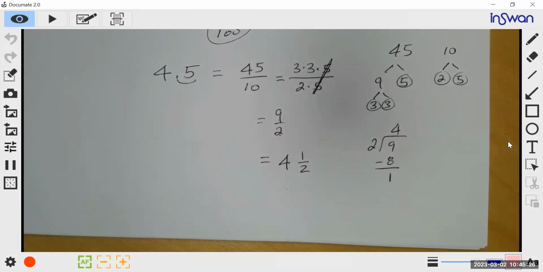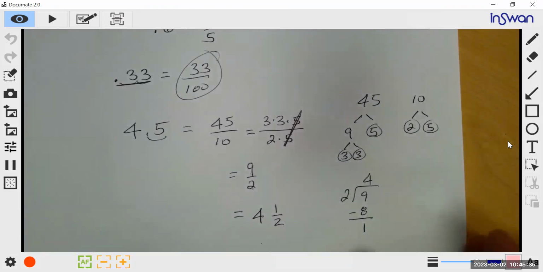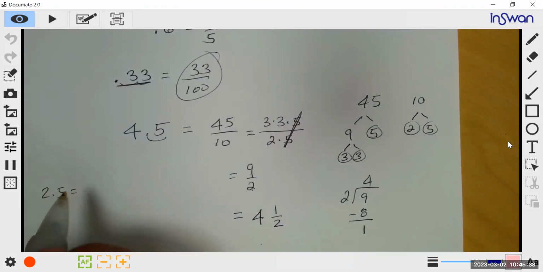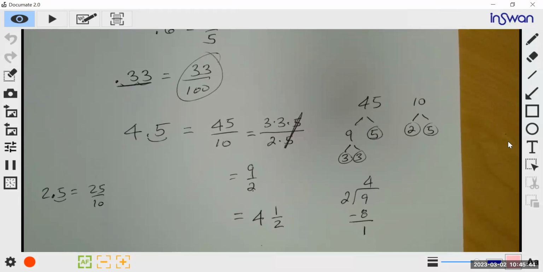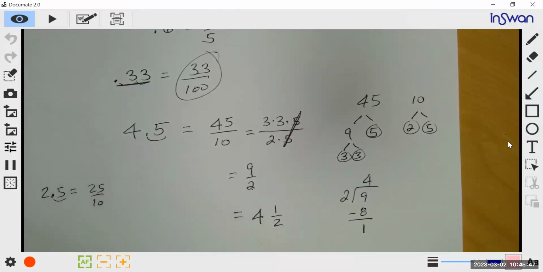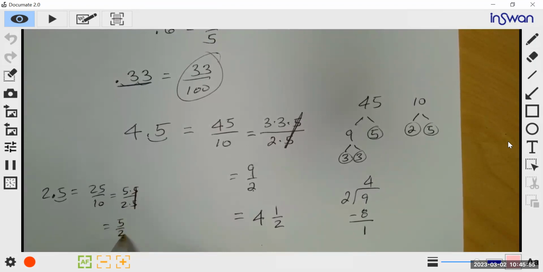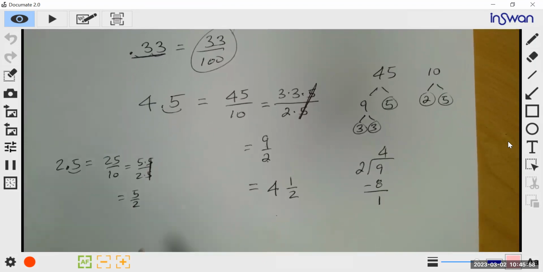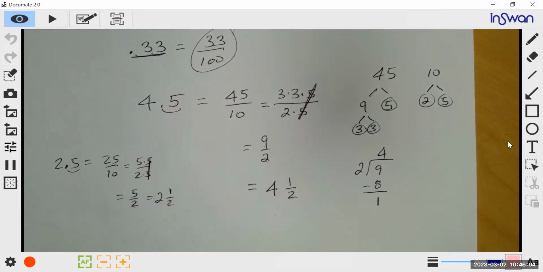Yes, go ahead. I'll just look at it. Okay, so basically if there was 2.5, there would be 25 over 100. Let's do that one. If it was 2.5, since it's only one decimal place, it would be 25 over 10. Okay, then from there we can simplify. 25 is made up of 5 times 5 over 2 times 5. 2 goes into 5 twice with 1 left over.